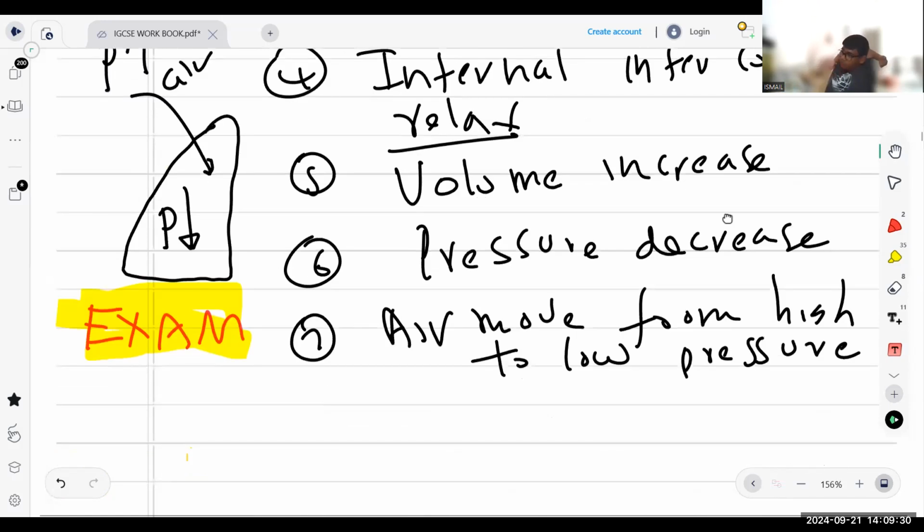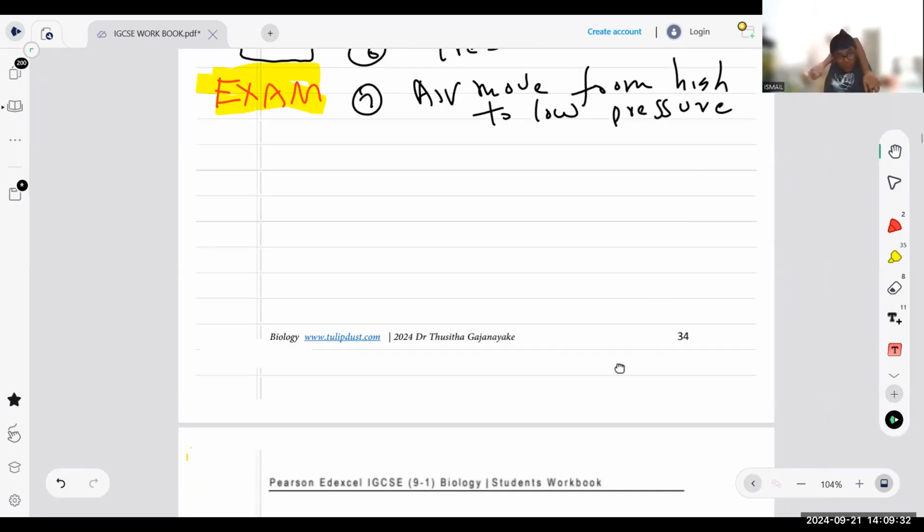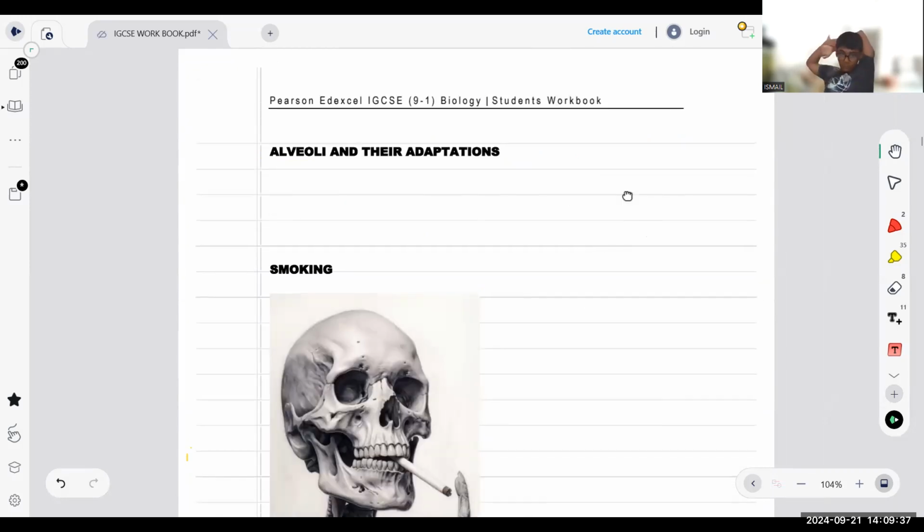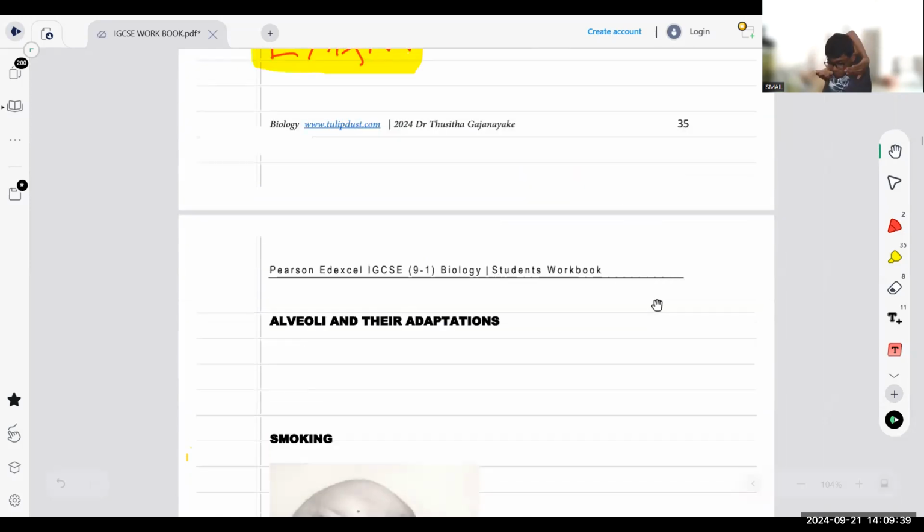Right, next week, what we're going to learn: how gas, oxygen, moves to the blood, and how carbon dioxide moves out of the body. So carbon dioxide should go out, oxygen should come into the body.